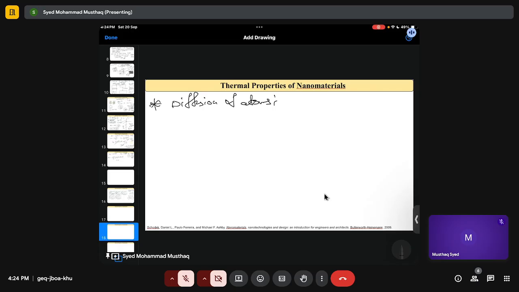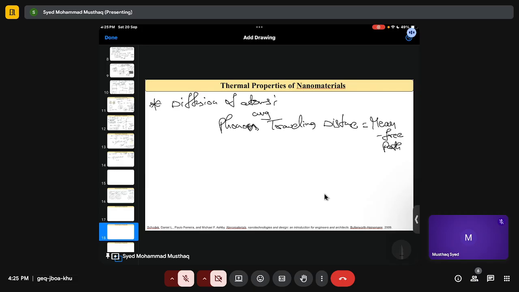So the phonon's average traveling distance is given as the mean free path.